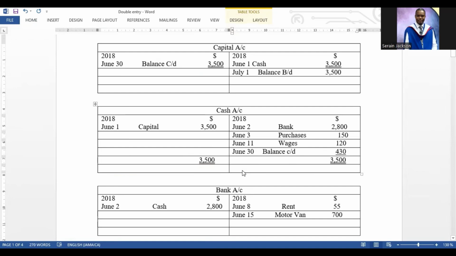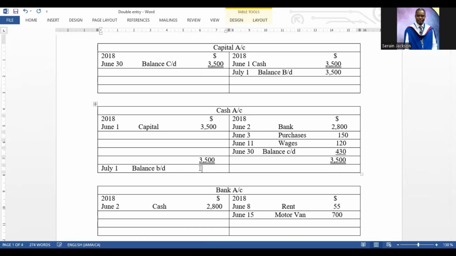Now we are at the fifth step, where we insert the balance brought down for the beginning of the next month. The balance brought down, sorry, should be on the opposite side. So you have to be careful. It must be on the opposite side.